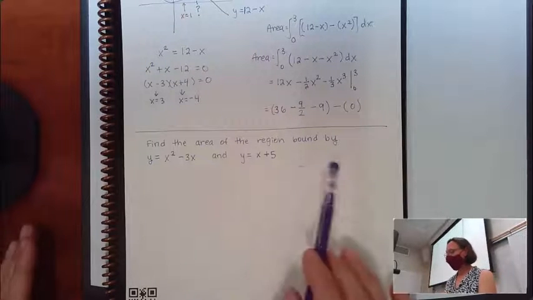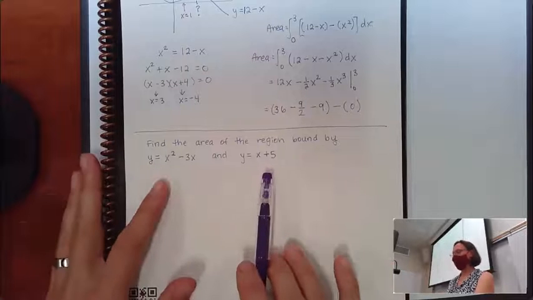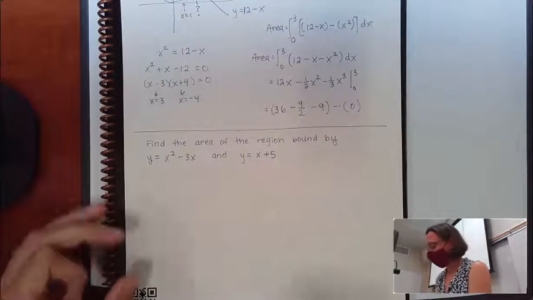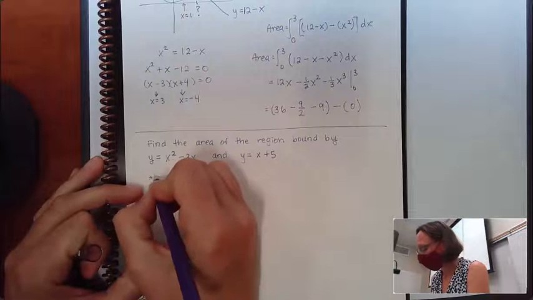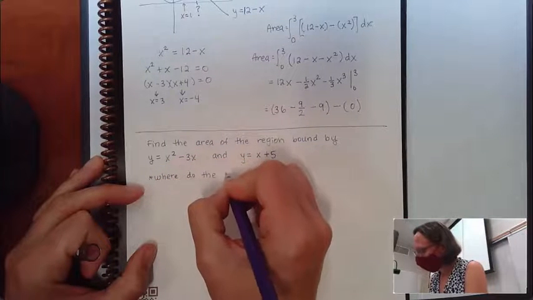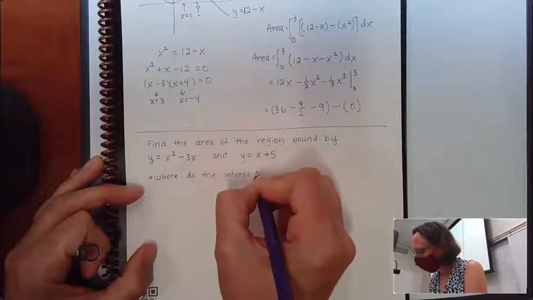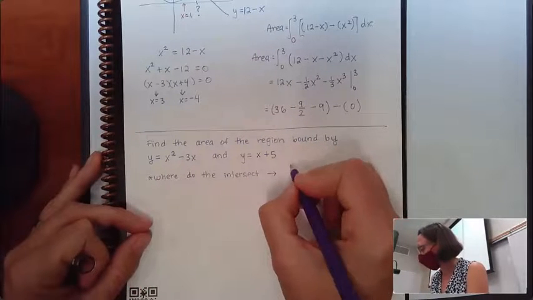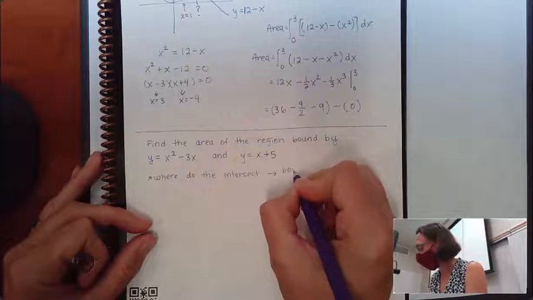If I have to find the area of the region bound by these two graphs, I know there are a couple pieces that I need. I need to know where they intersect, because that's going to give me my limits of integration, the bounds for the integral.